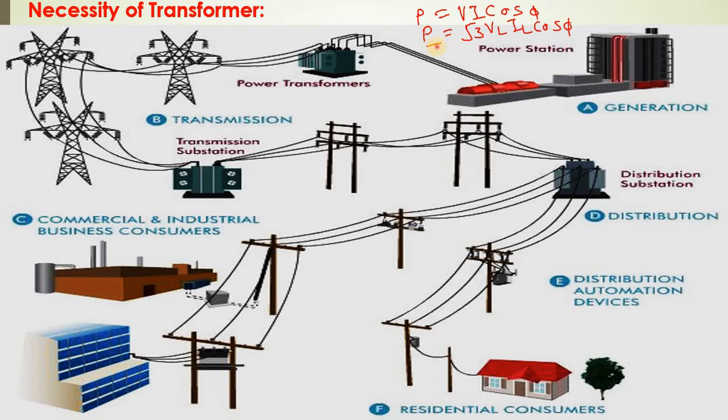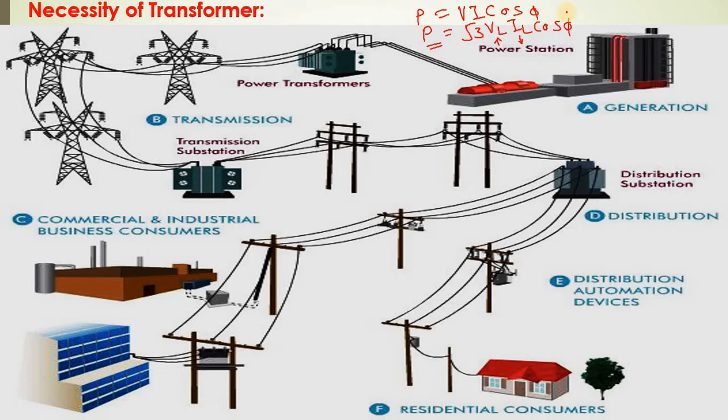If we keep P constant and we want to transfer this power over a long length, then either we have to increase the voltage level or we have to increase the current level. By increasing the voltage level, what will happen? The current magnitude will decrease.